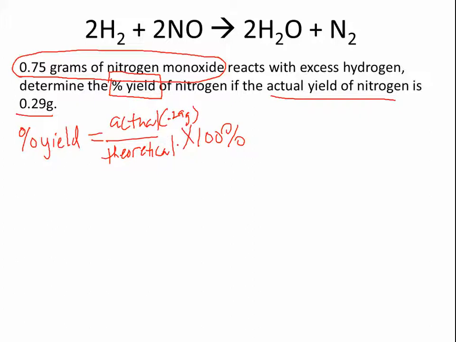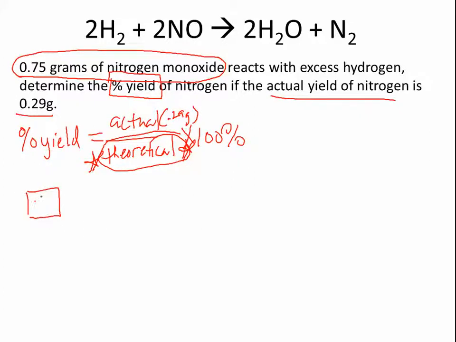So to find the percent yield, we got to find the theoretical yield of nitrogen. And what are we starting with? Well, we're starting with 0.75 grams of nitrogen monoxide. So we need to convert that to grams of nitrogen. So this is going to be a gram to gram problem.